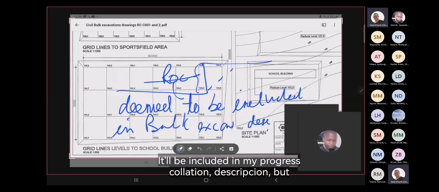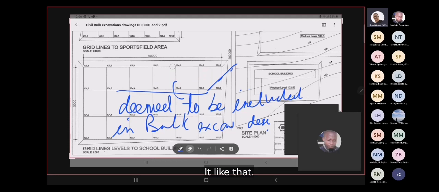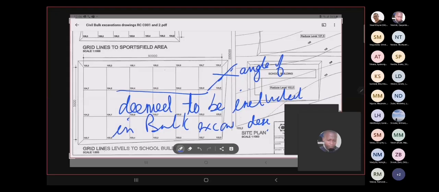But because we have it like that, we will have to measure the angle of repose.